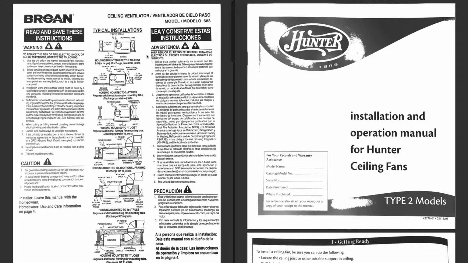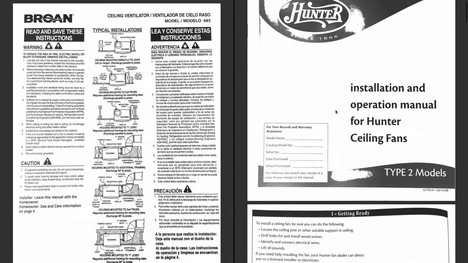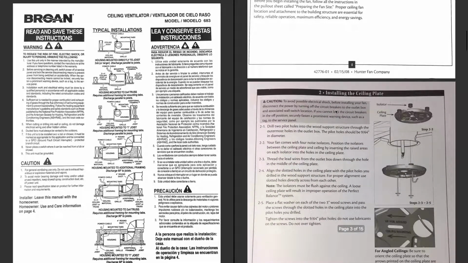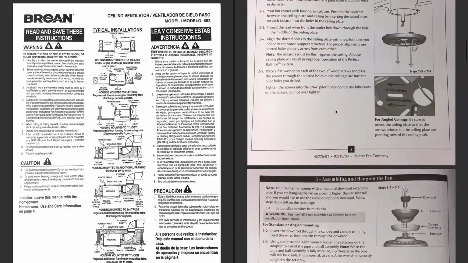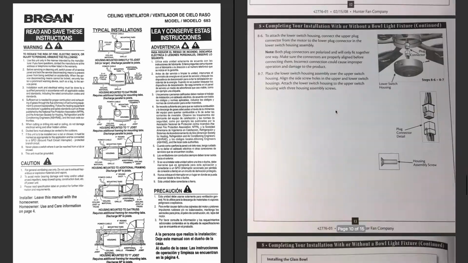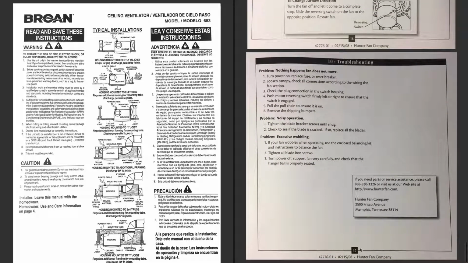So back at the top here, in this second example, the second manual, we have instructions for putting up a ceiling fan, and if we continue to scroll down, you can see the number there. If we go all the way down to the bottom, it's a total of 17 pages.